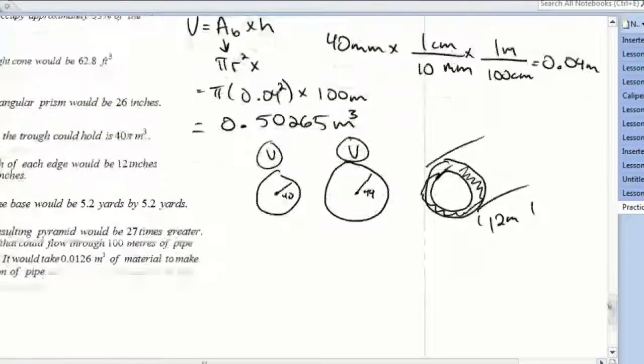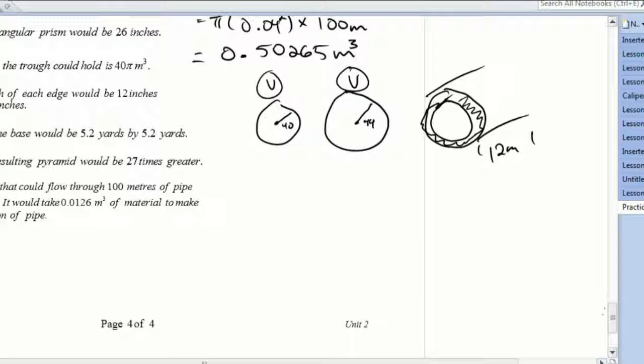Yes. All right, so the volume is going to be pi r squared times h. So I'm going to have volume for the inside, I'll call it volume I, and volume O for volume of outside, pi r squared h.